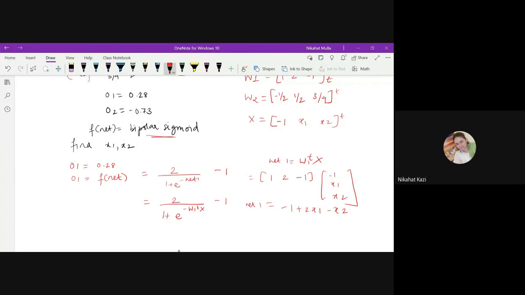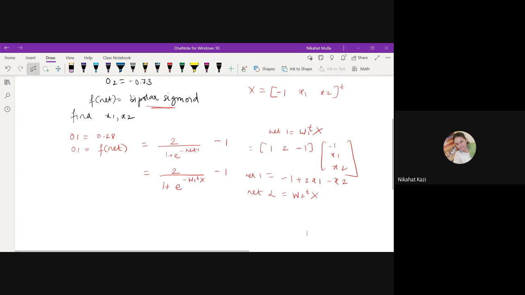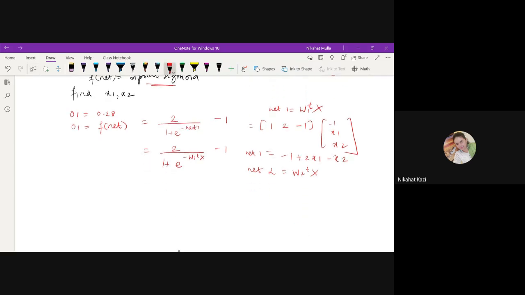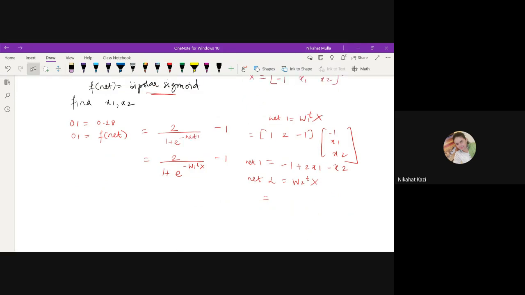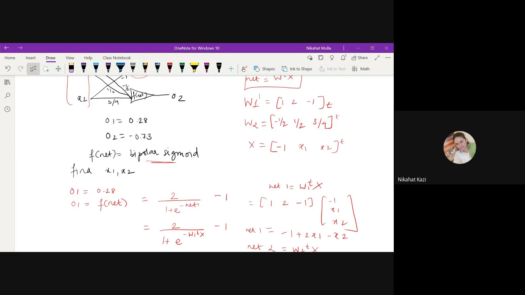Similarly, you will have another equation for net2. Net2 is nothing but W2 transpose X. I'll have to use W2 weights, so I'll scroll up a bit. W2 weights are minus half, half and 3/4.